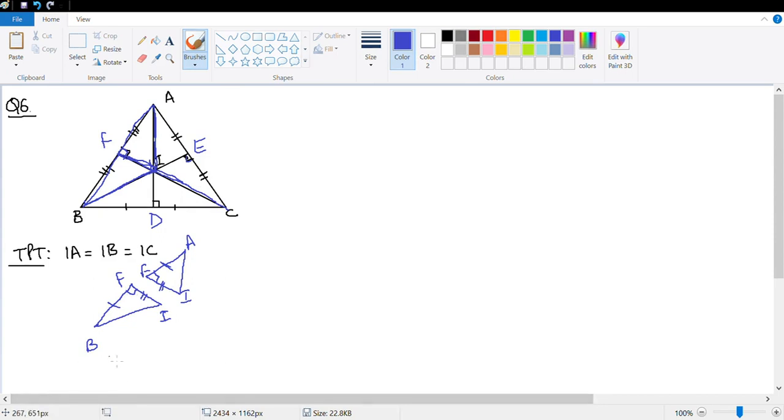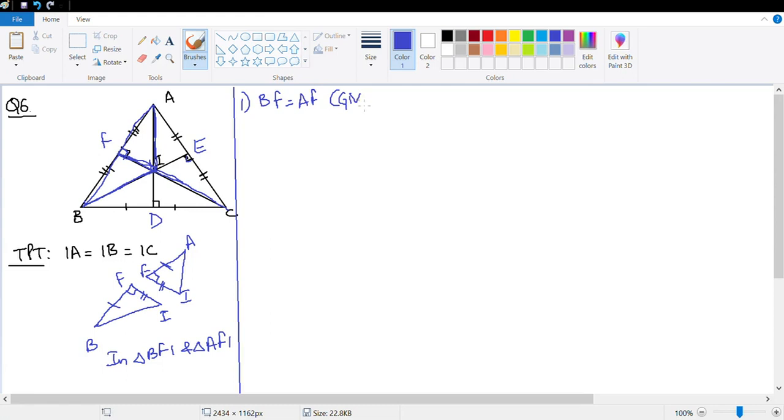So let's write, in triangle BFI and triangle AFI, what all do we know? Let's start writing. Number 1, side BF is equal to AF. Why? This is given.